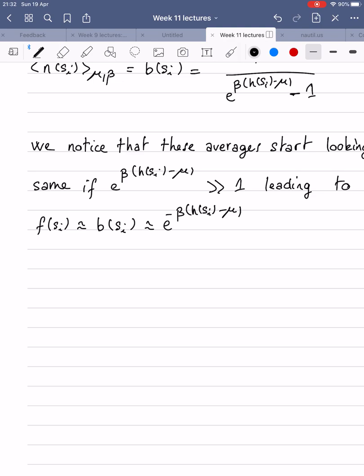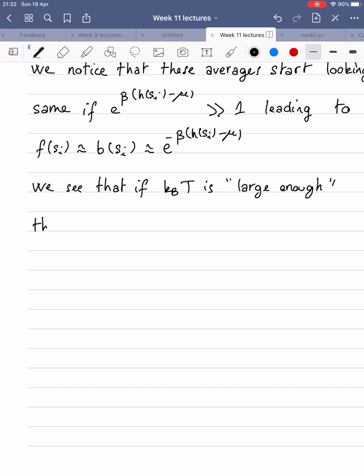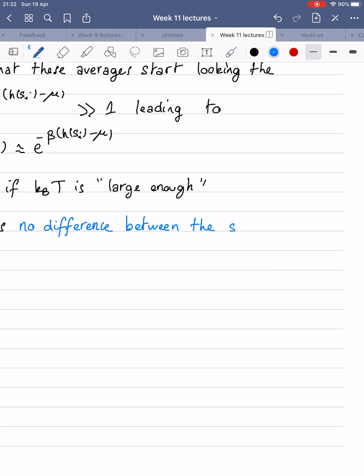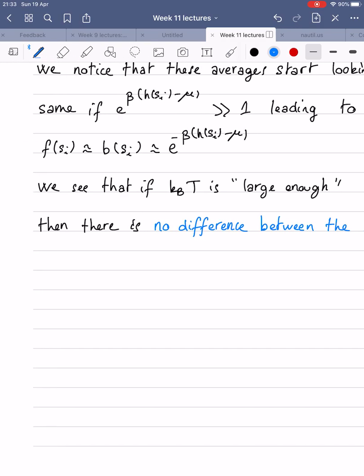Okay, so what we can say is that if k_B T is large enough, and that's kind of what matters, there is no difference between the statistics of fermions and bosons.